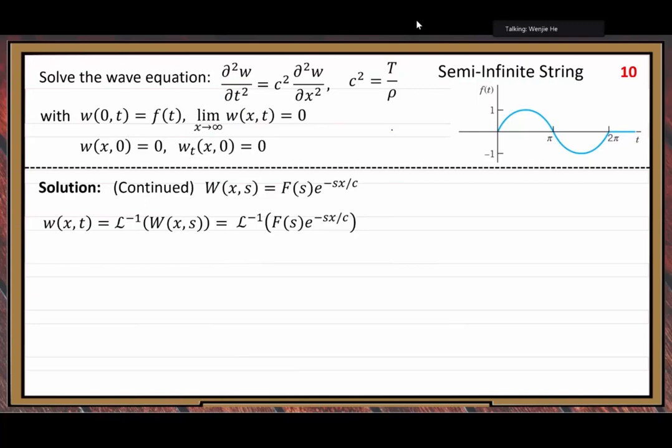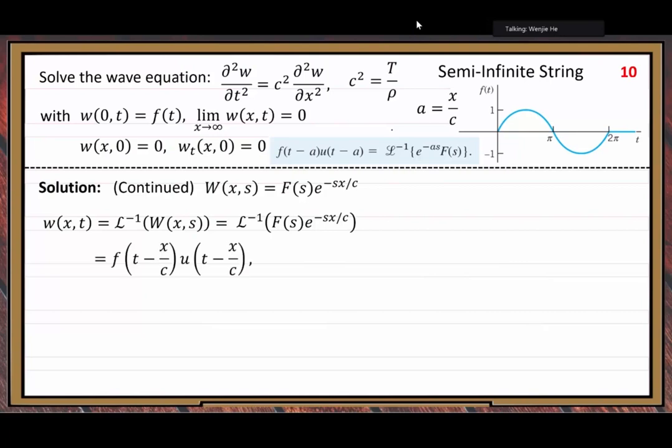The second shifting theorem, with the Heaviside function, and little f. We know little f. The shift a is x over c. So then you get your final solution, little w, as this function.